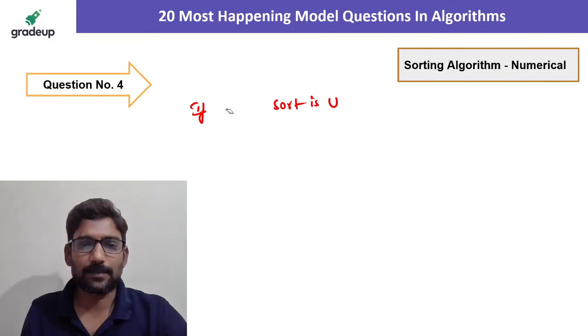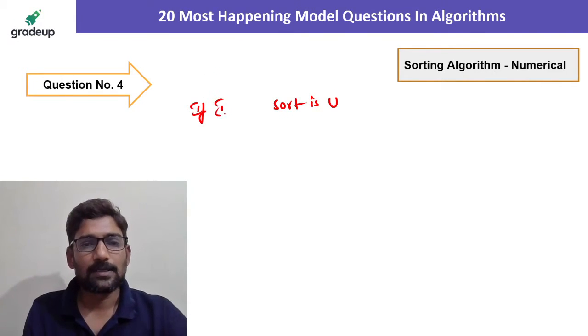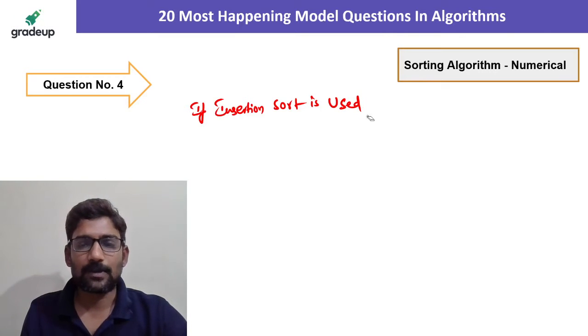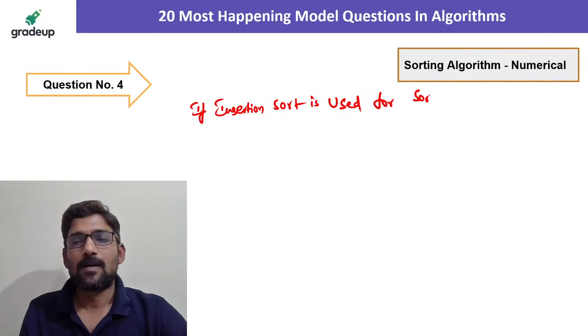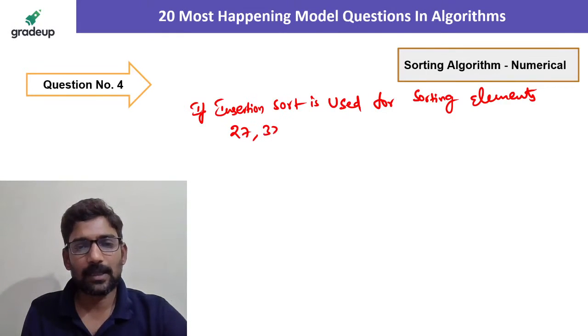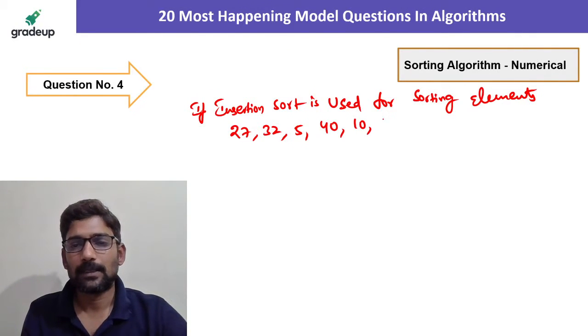okay, just let me change. Suppose insertion sort is used for sorting the elements, let's say 27, 32, 5, 40, 10, 16, 67, 50.